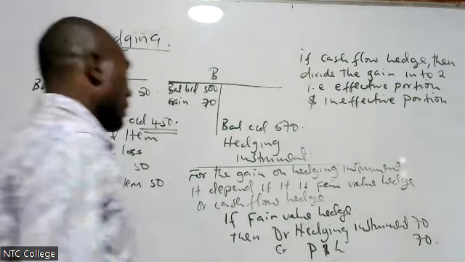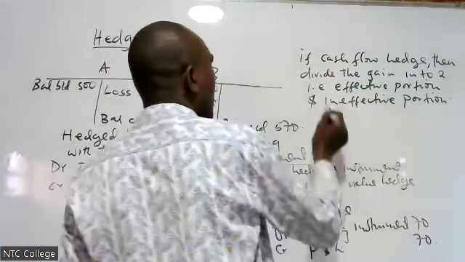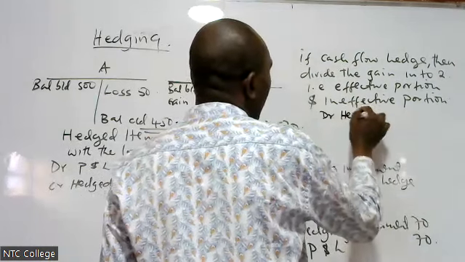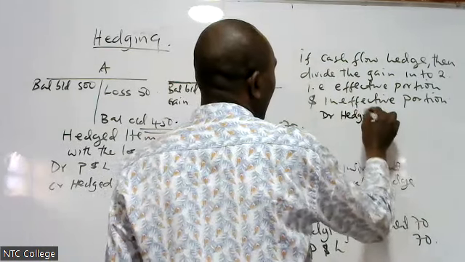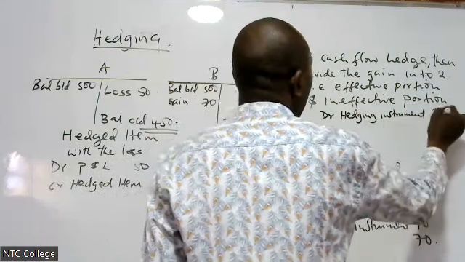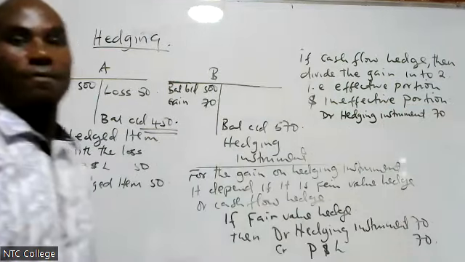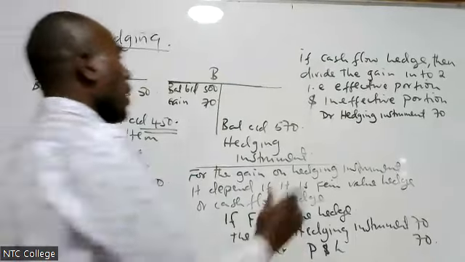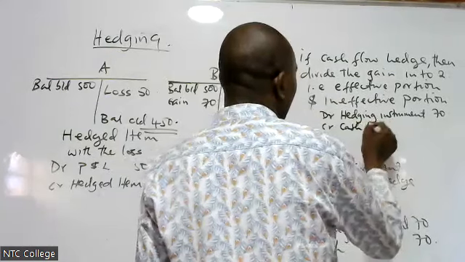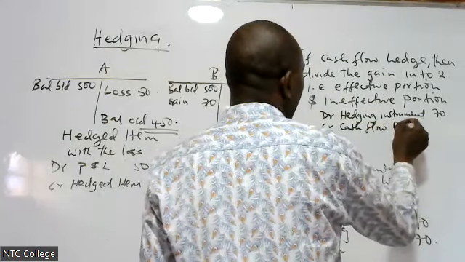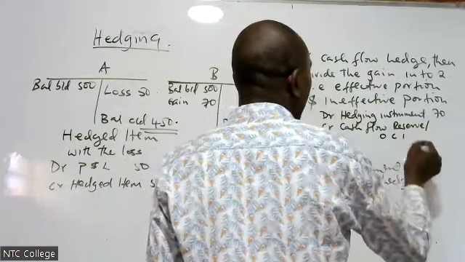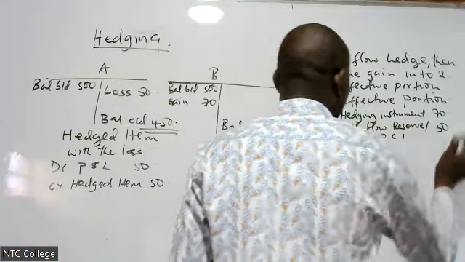Now, let me show you. If it is a cash flow hedge, I'm going to debit the hedging instrument with the total of 70. Then I'm going to credit cash flow reserve, or we call it OCI, with 50.